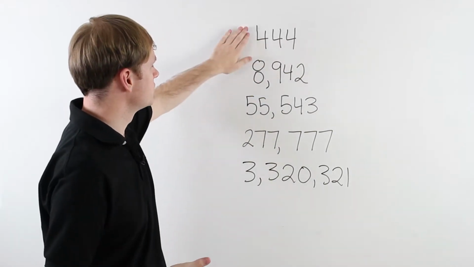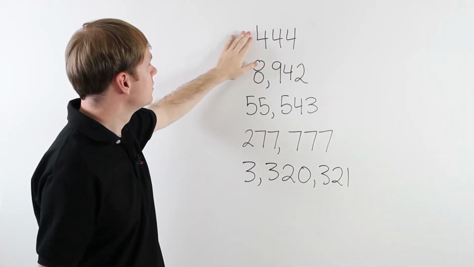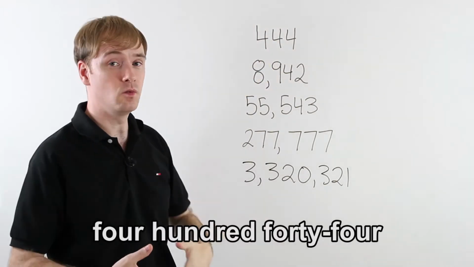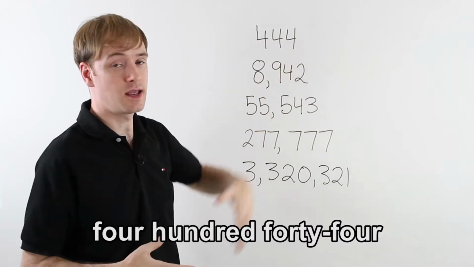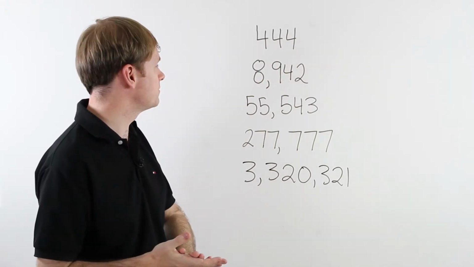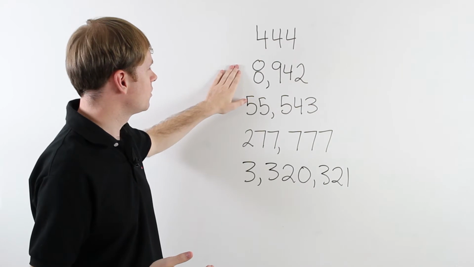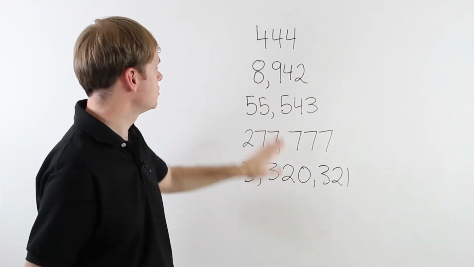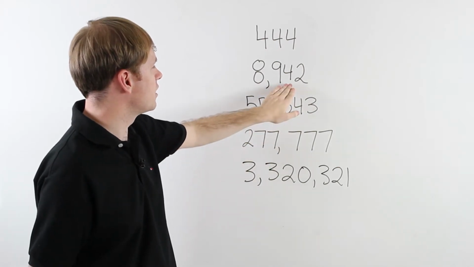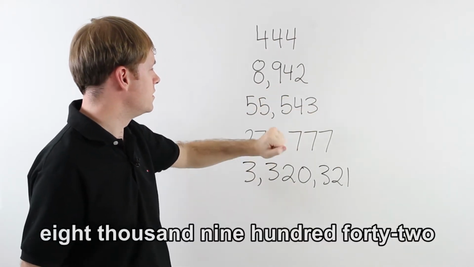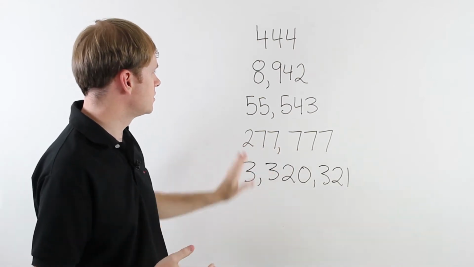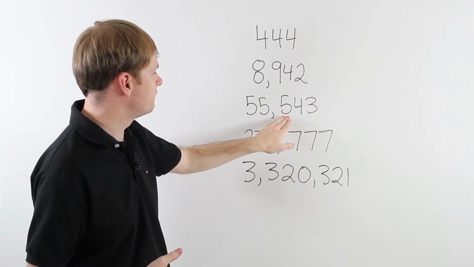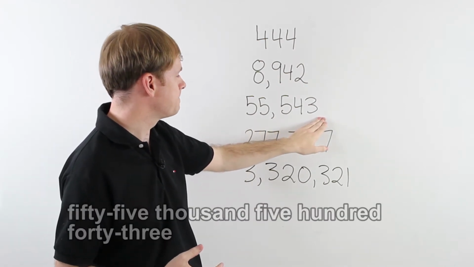Okay, so the first one, how much is this? Well, 444. And again, we can use the "and." The next number, okay, we know 3 zeros or 3 numbers here. This is 1,000, so 8,942. The next number, okay, lots of numbers. We know it's 1,000, 55,543.